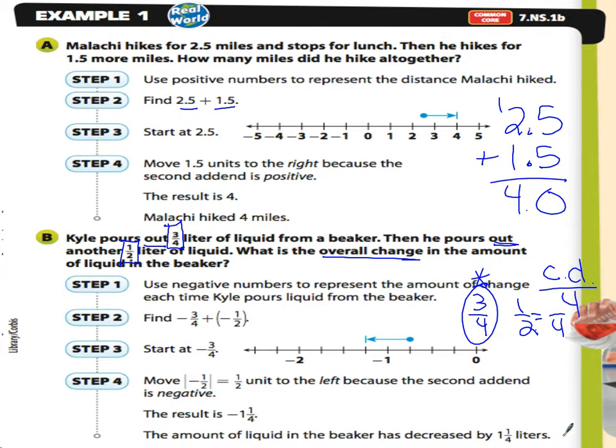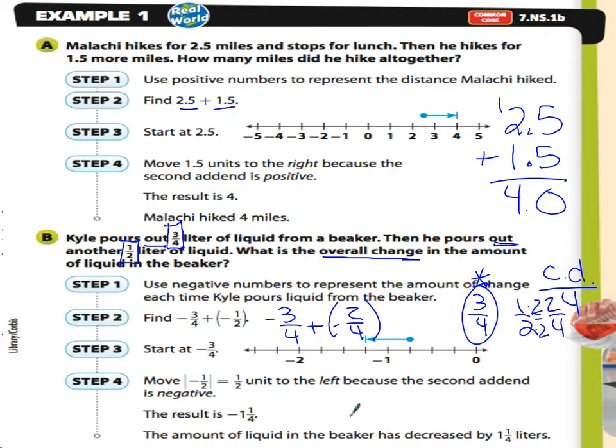Well, I know to get to 4, I have to do 1/2 times 2, and what I do to the bottom, I have to do to the top. 1 times 2 is 2. So now, instead of adding -3/4 and -1/2, I'm adding -3/4 plus -2/4.